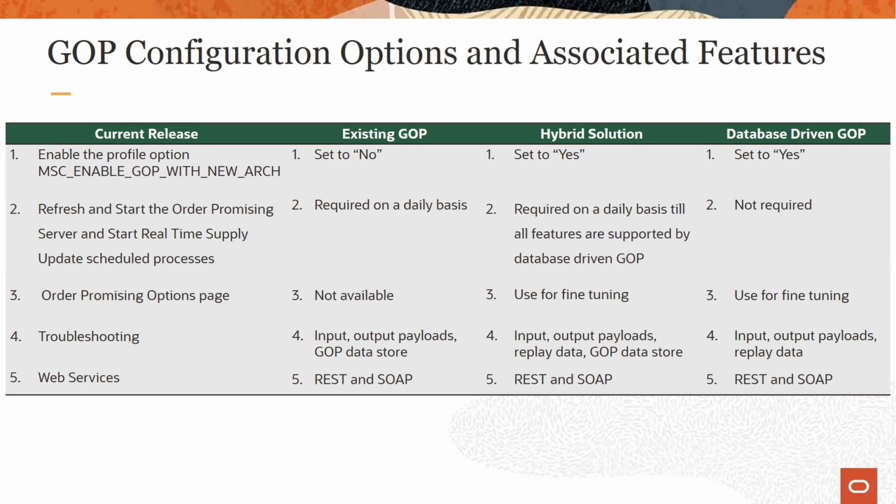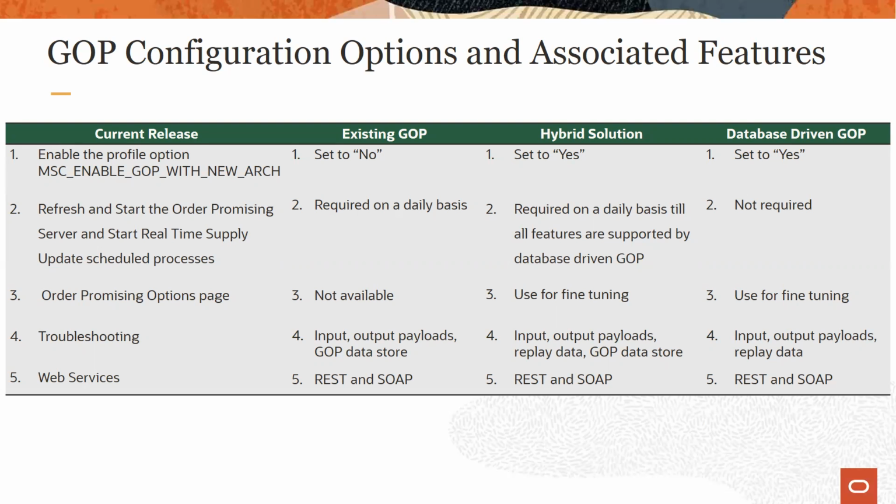The order promising options page will not be available in such cases, and in order to troubleshoot any particular order or any particular behavior, the input-output payloads as well as the GOP data store would need to be provided to the support or the product development teams.